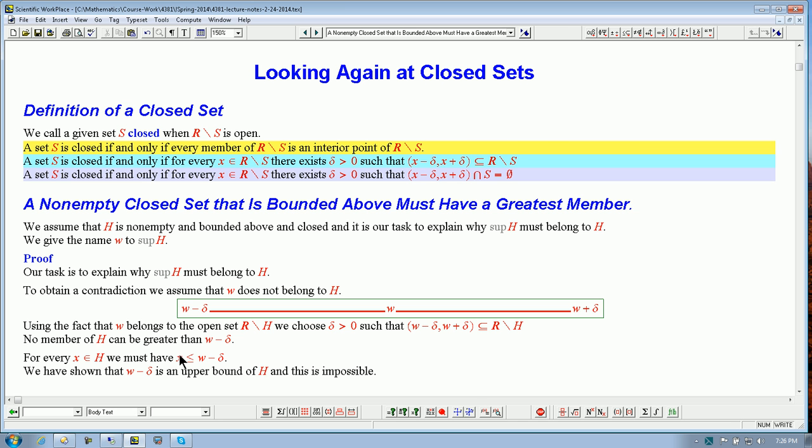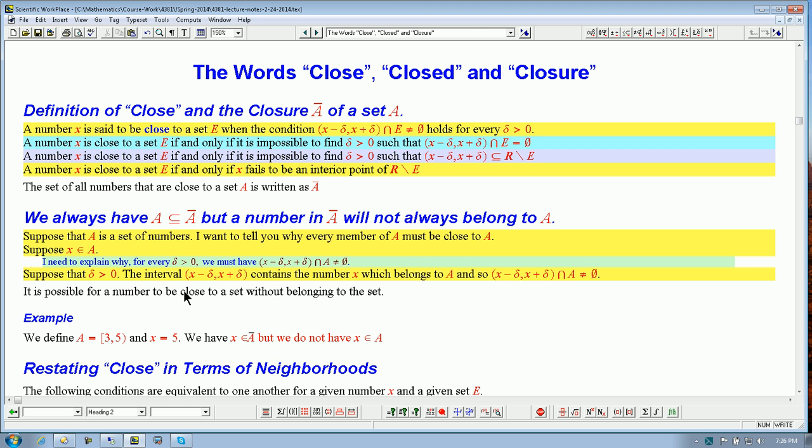If a number x is close to a set. Is that blue line supposed to say not equal to at the very end of the intersection? Is that supposed to say not equal to or equal to? I'm just making sure.